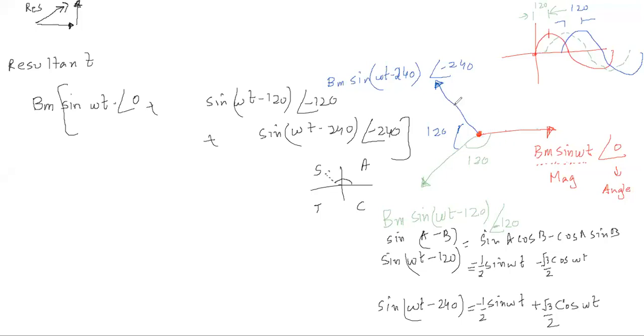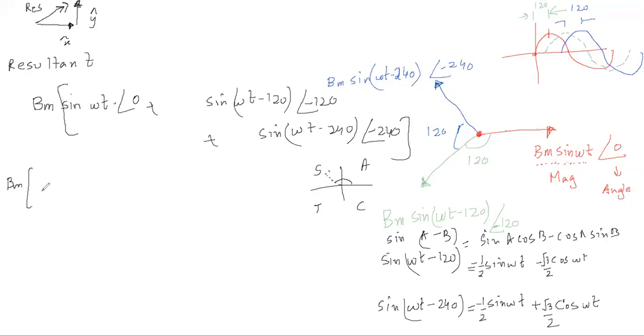So we can resolve their components into horizontal and vertical. The horizontal components will be in the direction of the x vector, and the vertical components will be in the direction of the y vector. So let's resolve them, and when we have all the x's and y's together, we will find the resultant by adding them.